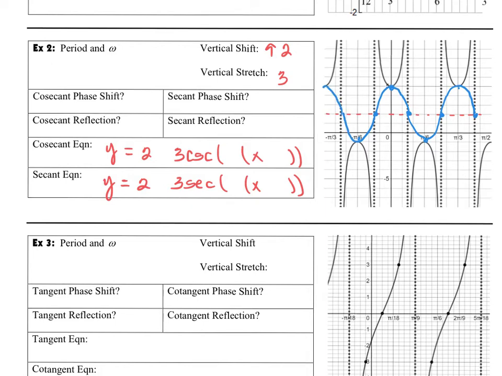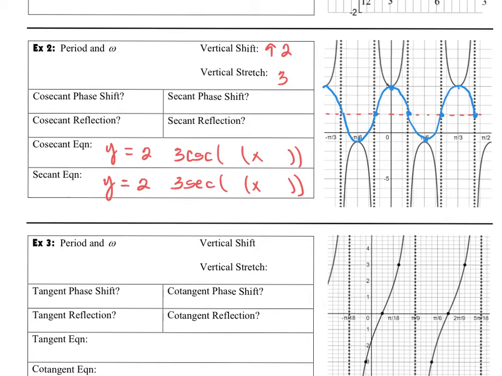If I look at this new blue graph that I've drawn in, I can see that right here on the y-axis, I have a high point. This high point tells me that this could be the start of a cosine graph, which means I can write this cosine graph or this secant graph ultimately with no phase shift. Certainly I could identify a phase shift of, let's say, pi over 3 or even this pi over 6 right here, but it's of course going to be easier to do it with no phase shift.